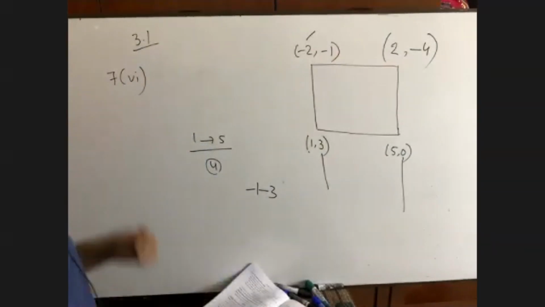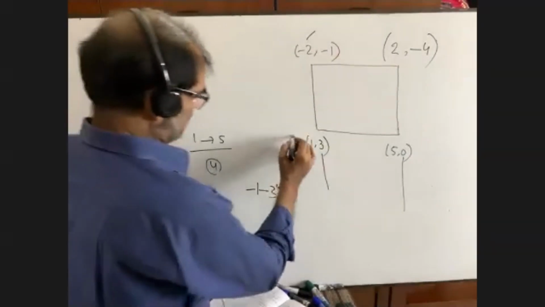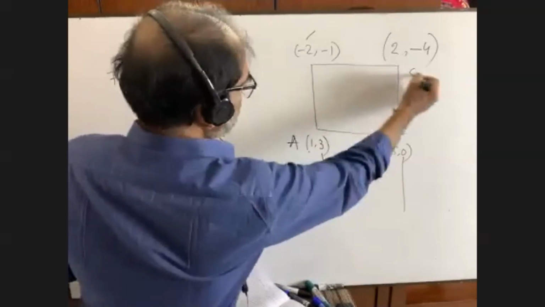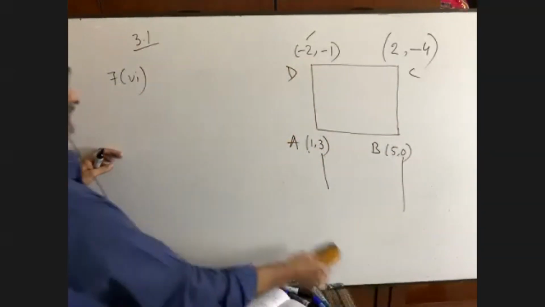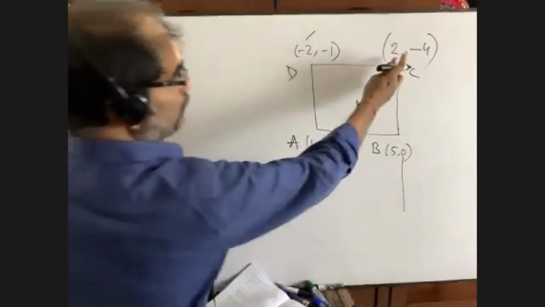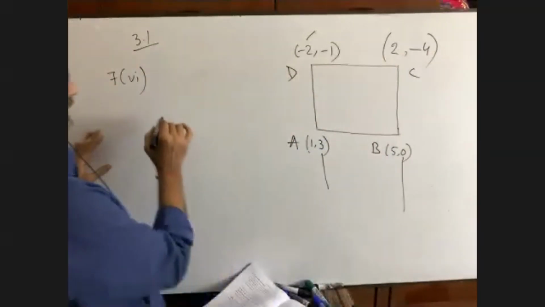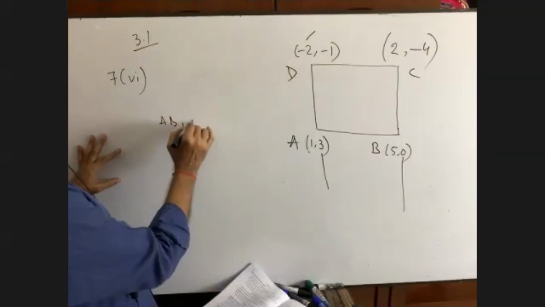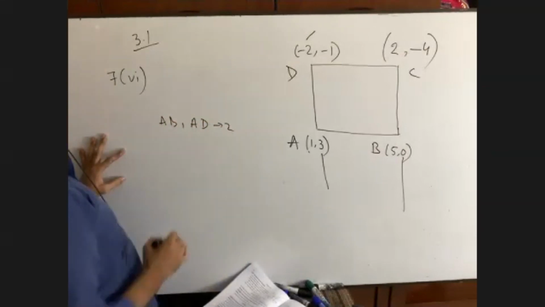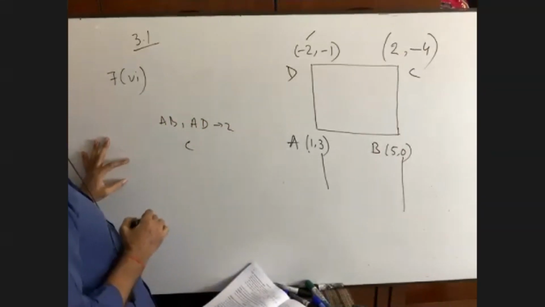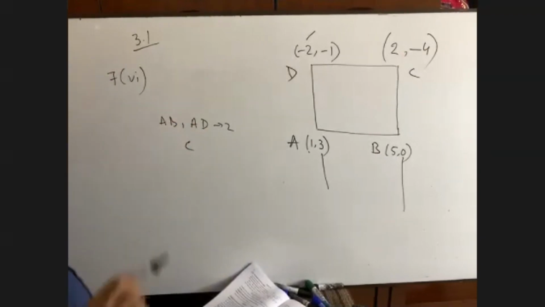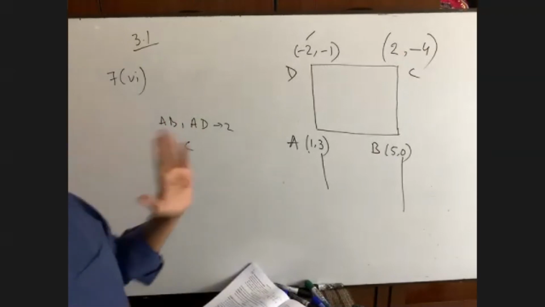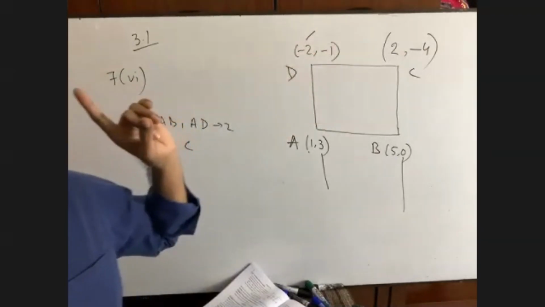Suppose it is A, B, C, D. At first, it won't be given. I will tell you find AB, find AD, 2 marks. Then find C. Then prove that ABCD is a square. Now let me know, have you got it or not? Please, all of you.